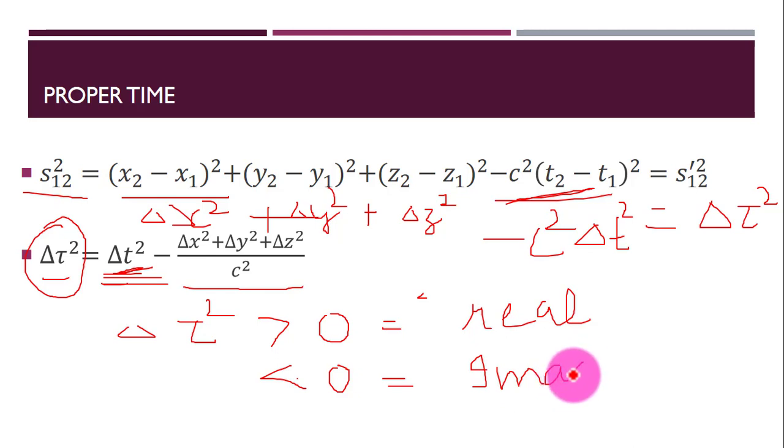So now you can divide the whole Minkowski space into 3 parts, and define the space-like interval and the time-like interval.